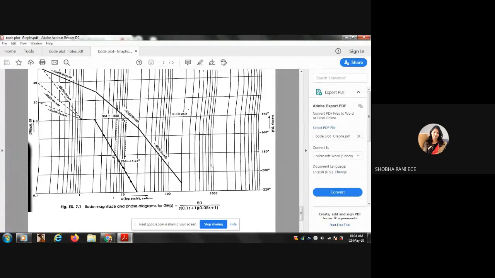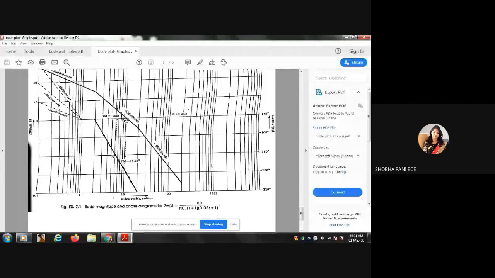So let me take the first one. Gain crossover frequency is represented by omega subscript g. It is the frequency where the 0 dB line, you can see this is your gain line here, or the magnitude line, intersects your magnitude plot.